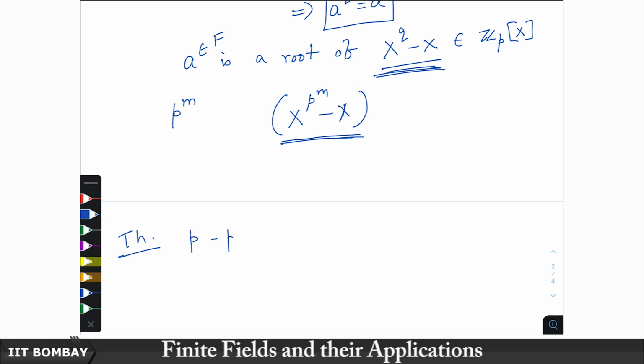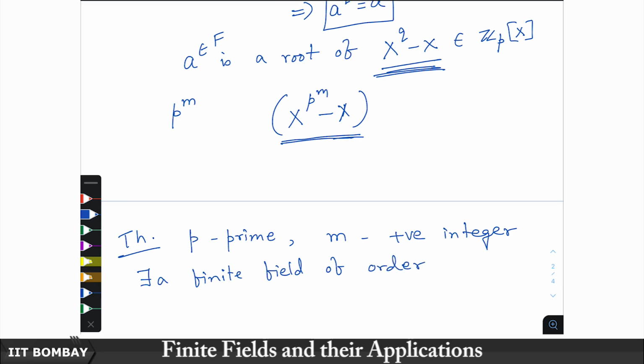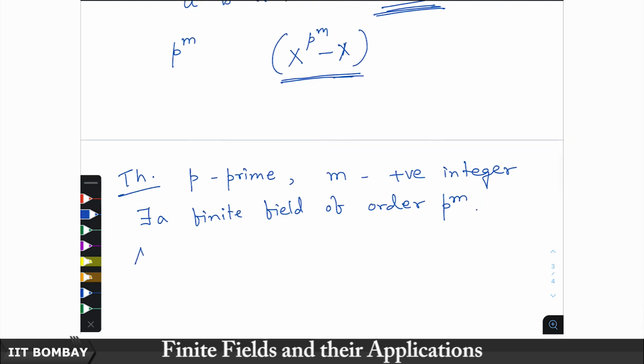P is a prime number, and let us say m a positive integer, then there exists a finite field of order p power m, and any field of order p power m is isomorphic.